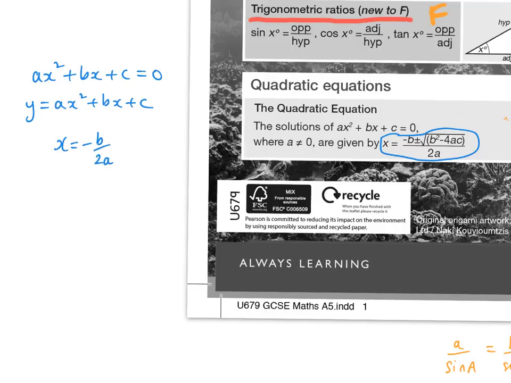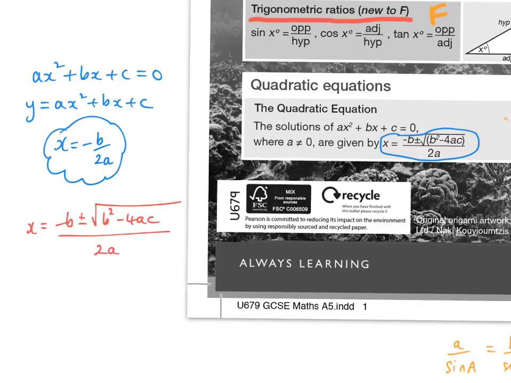Now, that's why I wanted to mention this, because when you look at the formula given here, try and think to yourself, it's got to have the line of symmetry in it somewhere. So if you write out what it says on the actual sheet here, which you won't have, so if I say formula sheet, please don't think that's what you're going to get. These are things you're going to have to remember.